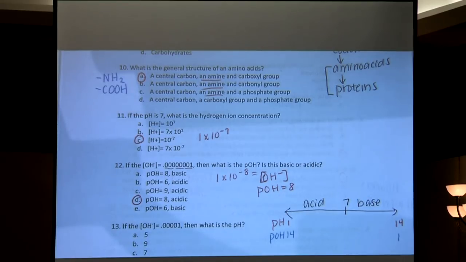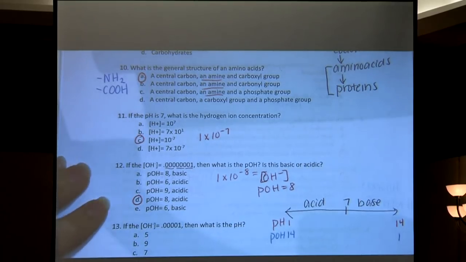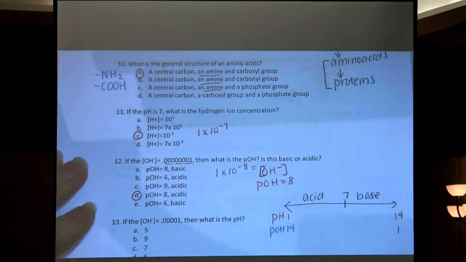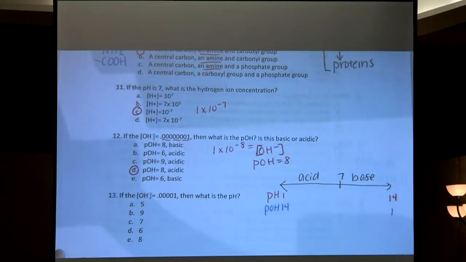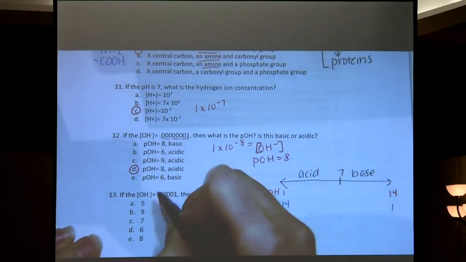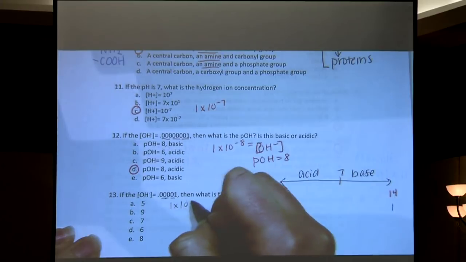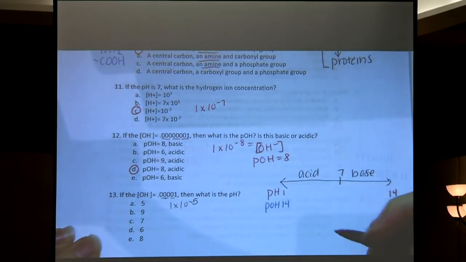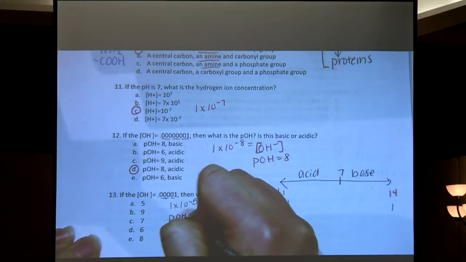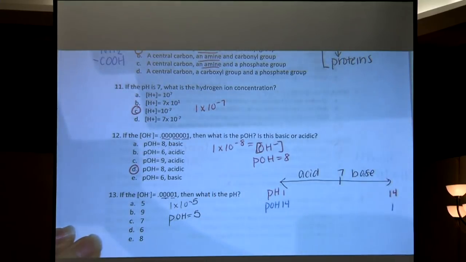All right, so then in the case for number 13, we see that the OH concentration is the same as 1 times 10 to the negative 5. So our pOH in this case should be 5.